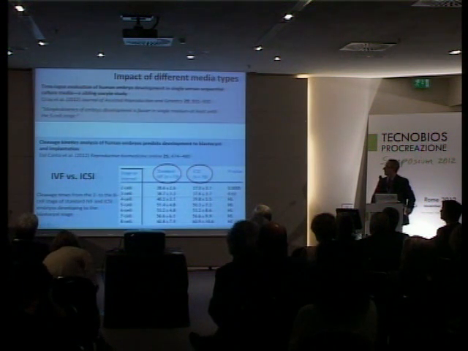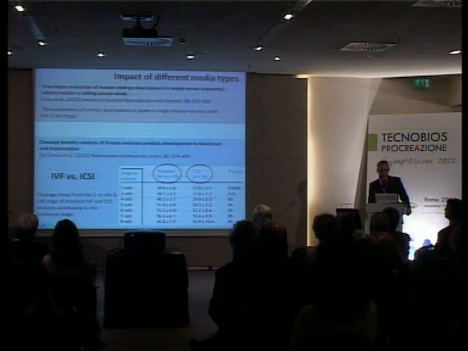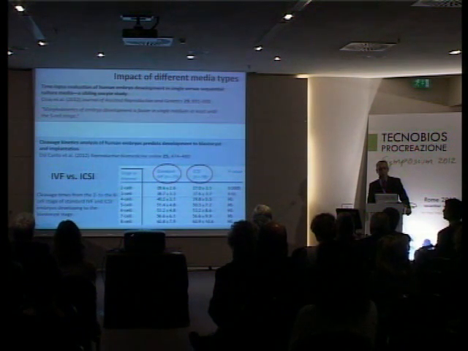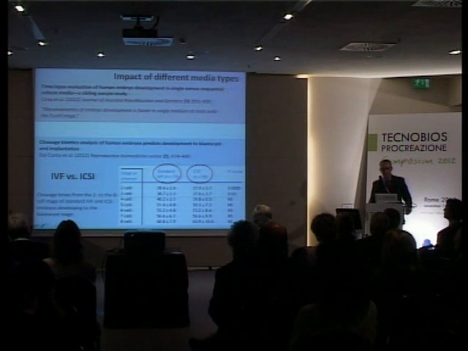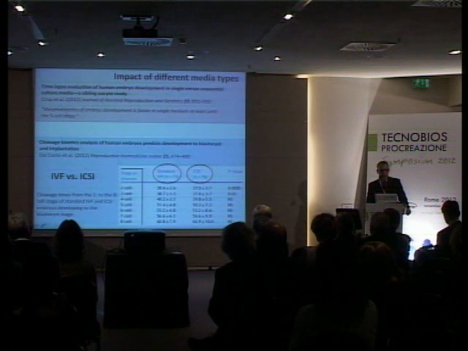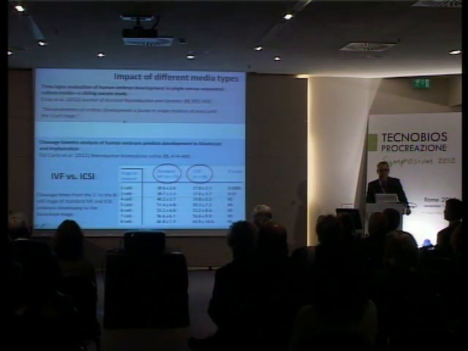So, what do we know about that? First, I'll just mention a recent study in which the authors, a Turkish group, were able to observe and compare the effect of different culture media on morphokinetics. And they concluded that morphokinetics of embryo development is faster in single medium, at least until the 5-cell stage.